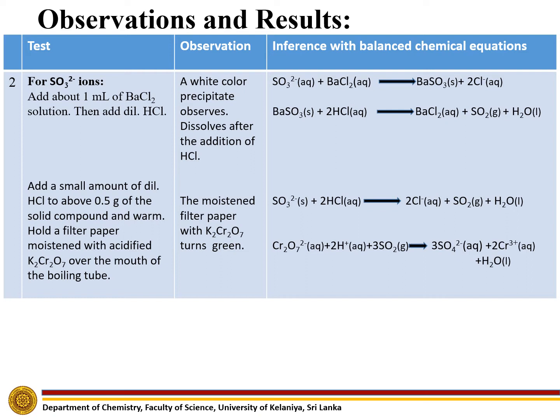We can check that by using a moistened filter paper, because sulfur dioxide will reduce dichromate ion to chromium 3 plus ion. Chromium 3 plus ion is green in color, so the filter paper moistened with potassium dichromate turns green.